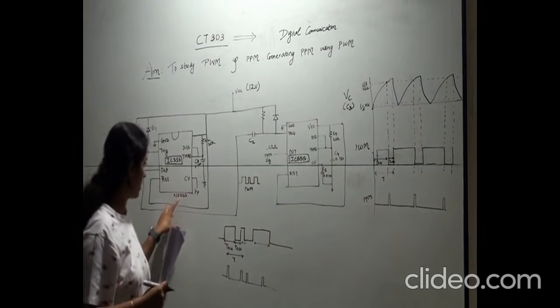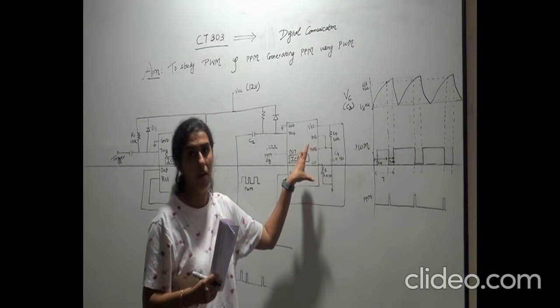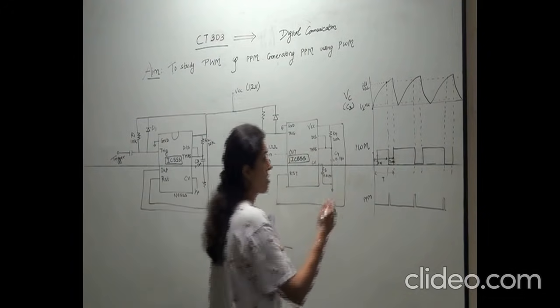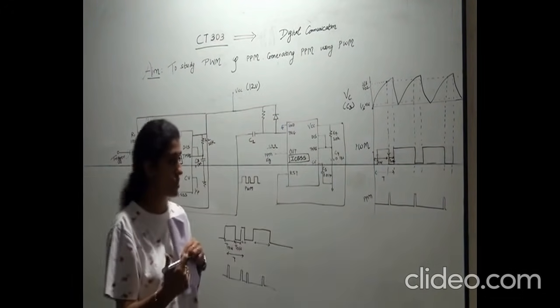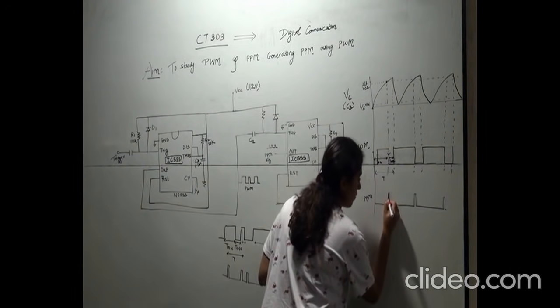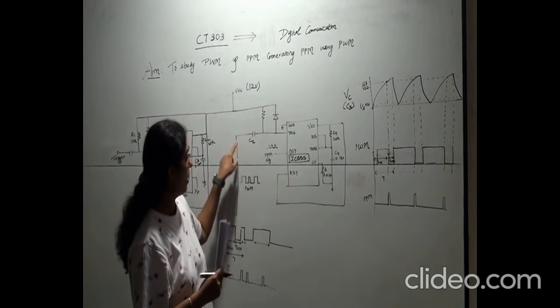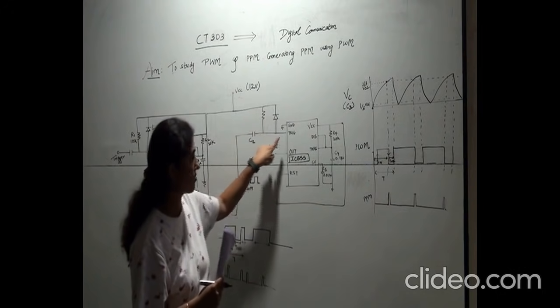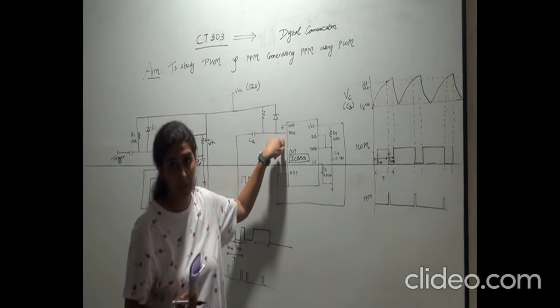This PWM signal is fed to a monostable multivibrator. Wherever we get a high to low transition, we get a pulse width at the output. The PWM signal is given over here. You all must know the working of a monostable multivibrator.